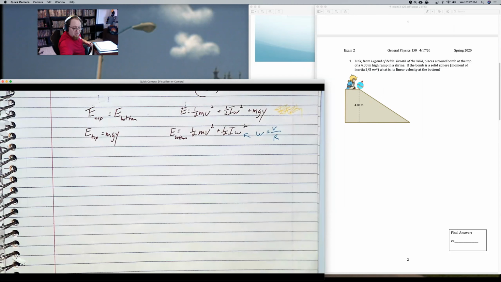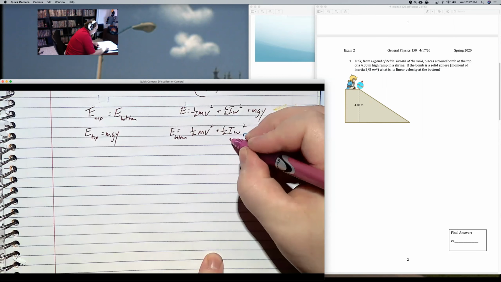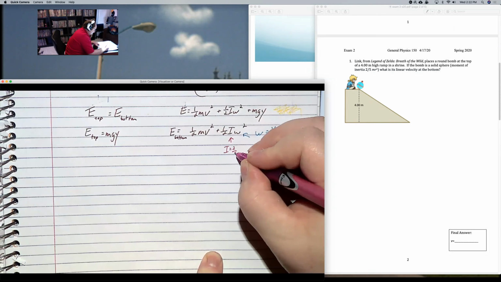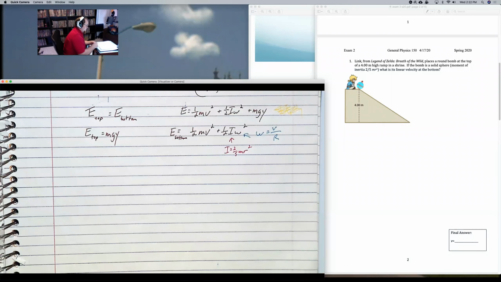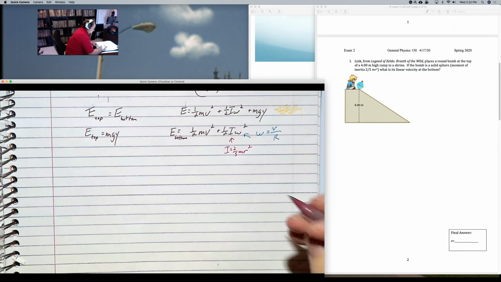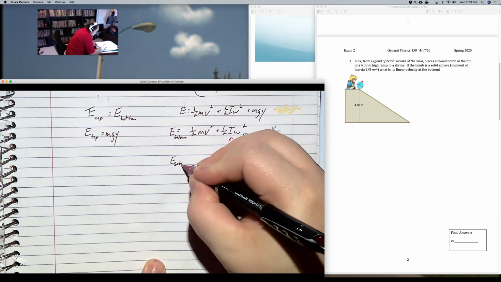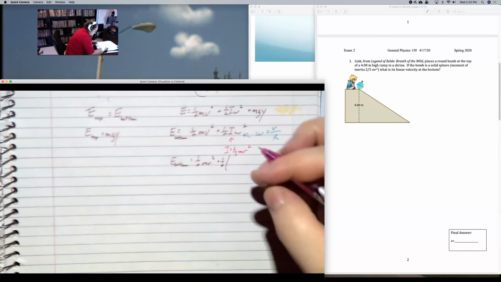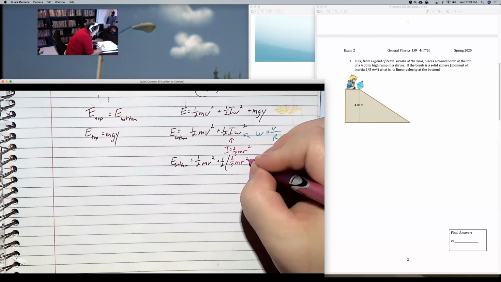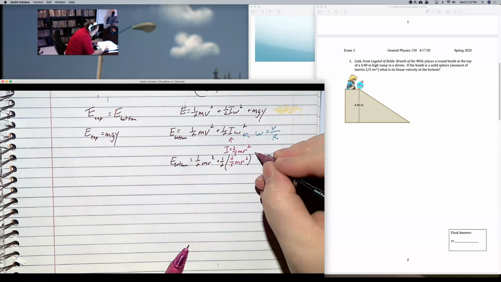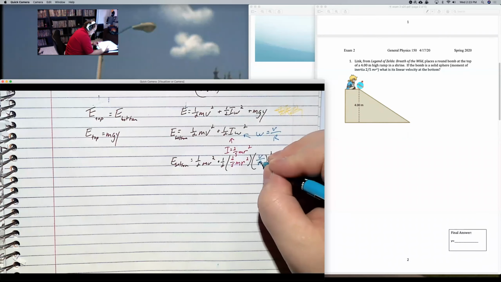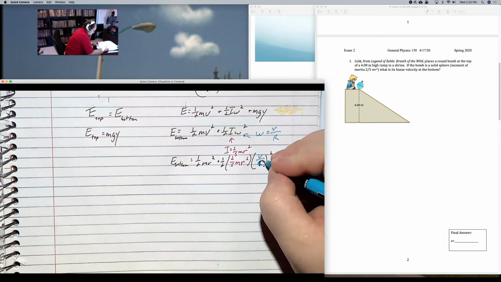And that moment of inertia I was given in this problem: for a solid sphere, I equals 2/5 mr squared. I'll plug those values right in. I don't know why I wrote a capital R though. Sorry.